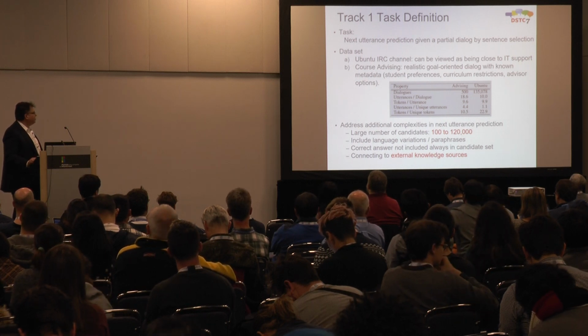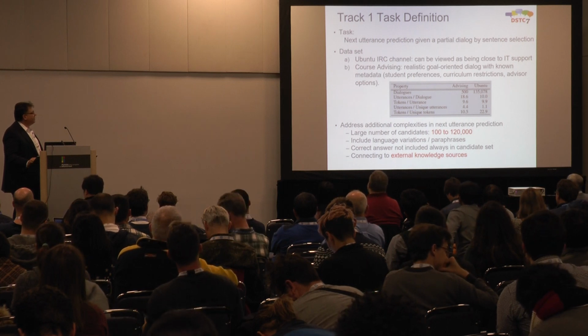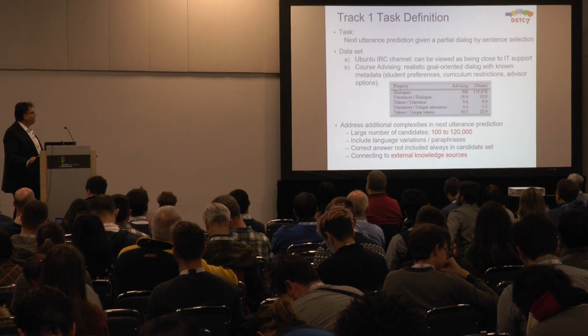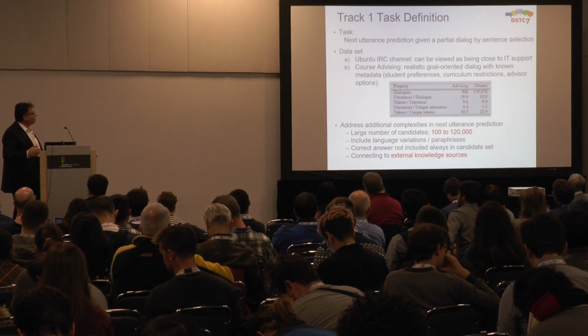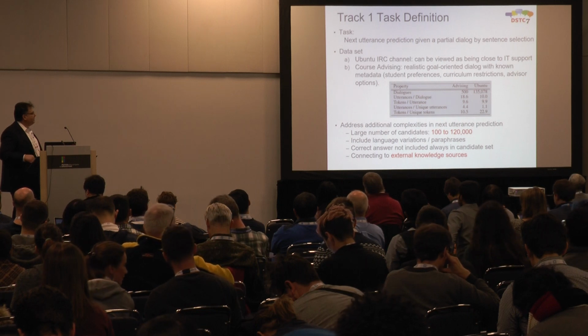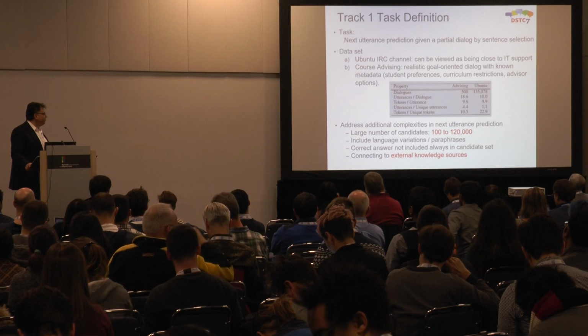And the second one was course advising, which was human to human, a little bit prescribed, but quite free-flowing interactions, a professor giving students advice about what curriculum choices to make.